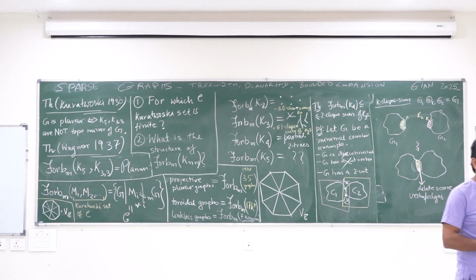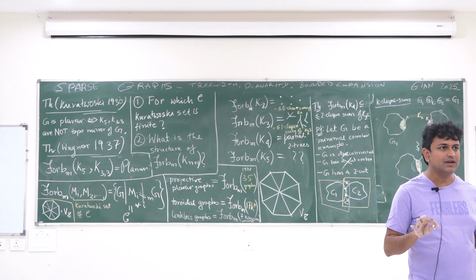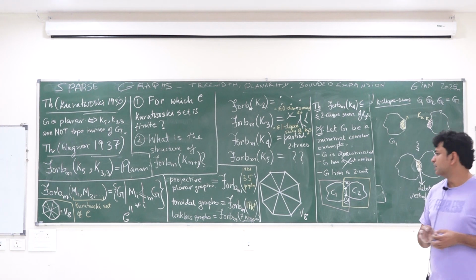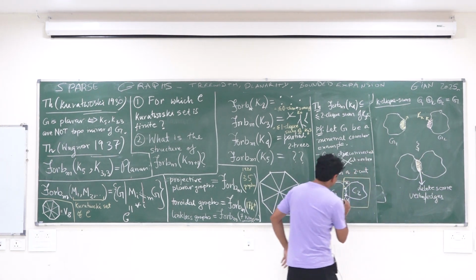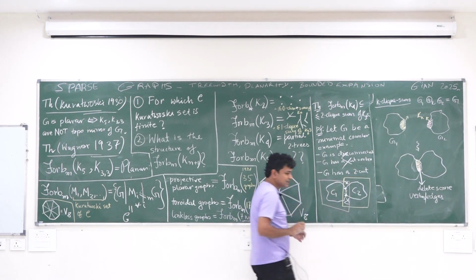I mean, connectivity is at least 2, right? Yes. The whole graph has connectivity 2, and C1, C2 also should be 2-connected. Correct. So then it has a path inside C1.